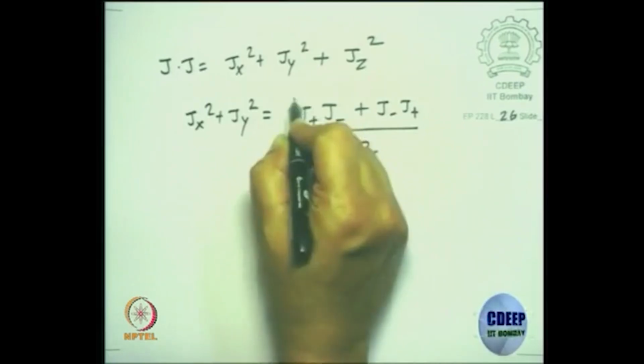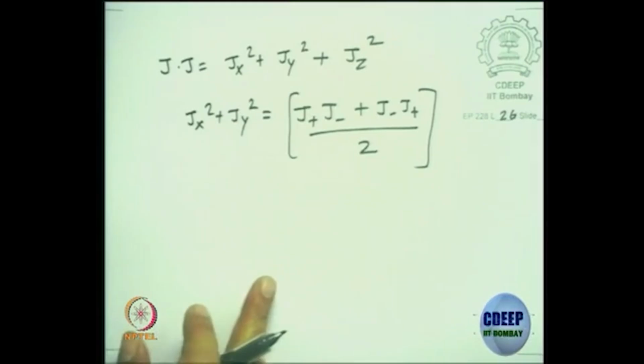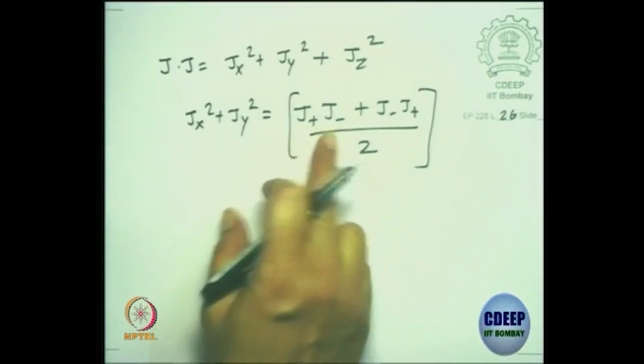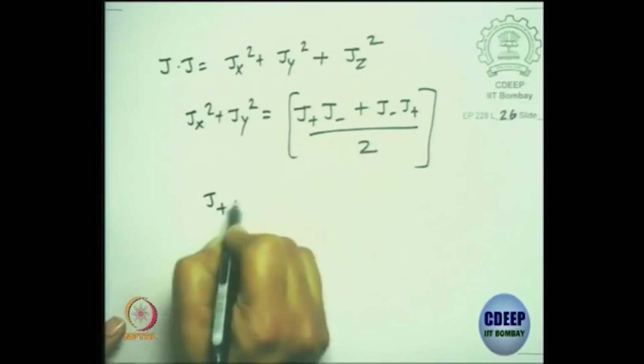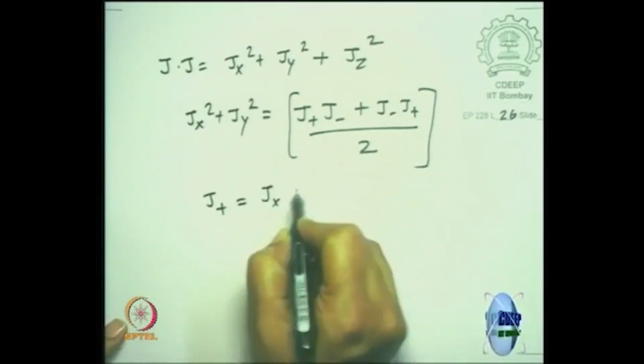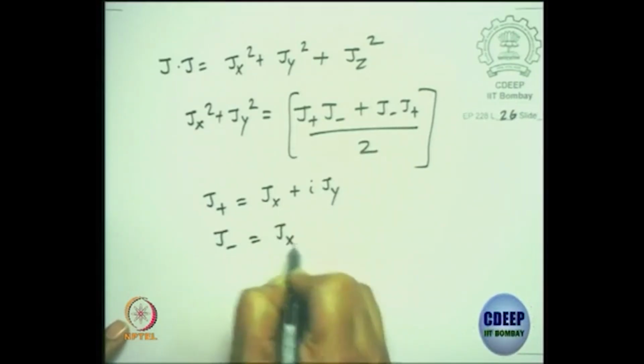Is this correct? I need to do this carefully, why? Because J plus and J minus don't commute. So what is J plus and J minus? J plus is Jx plus i Jy. J minus is Jx minus i Jy.